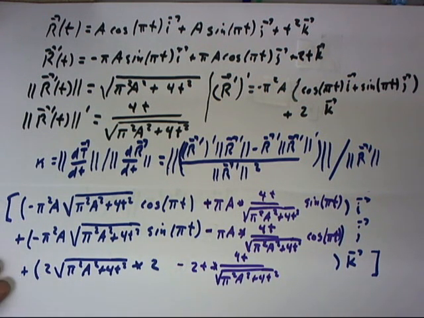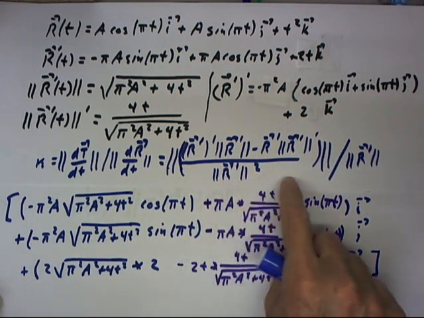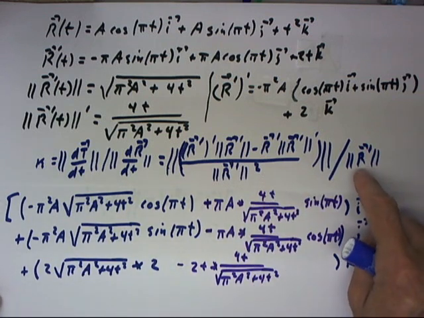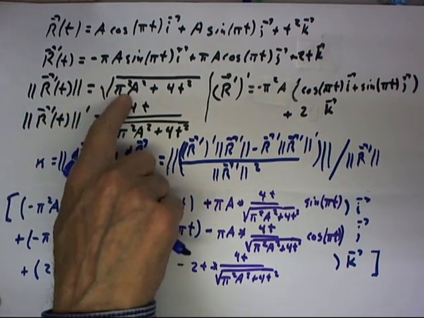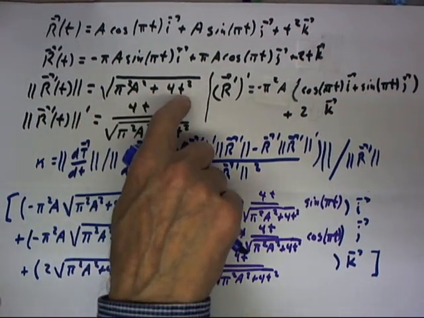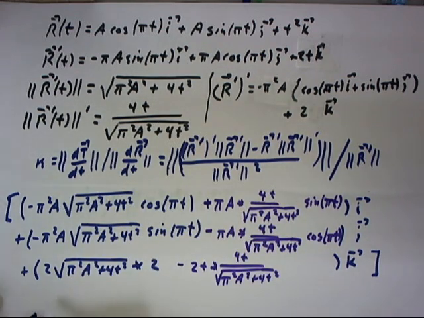I suppose the other thing I should do is go ahead and write in our denominator. This is our numerator. Our denominator is magnitude of r prime squared, times another magnitude of r prime, which is going to be the magnitude of r prime cubed. r prime is this expression, the square root. So the cube is going to be the 3/2 power of the pi squared a squared plus 4t squared.